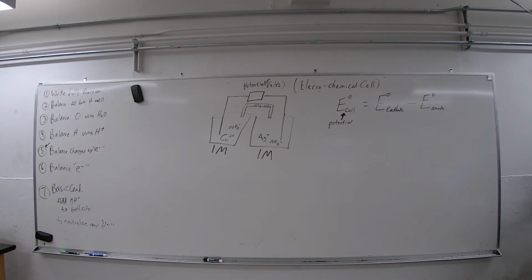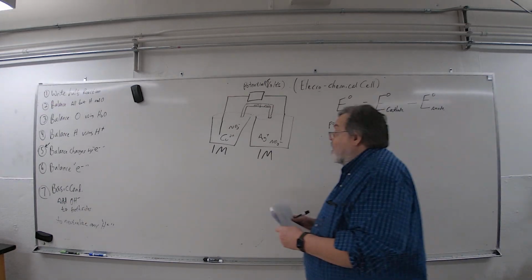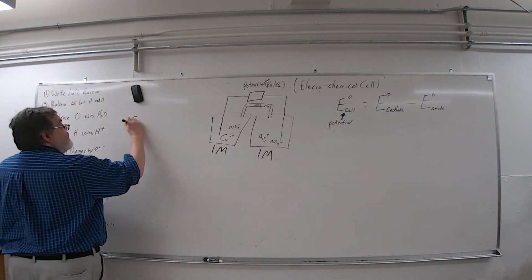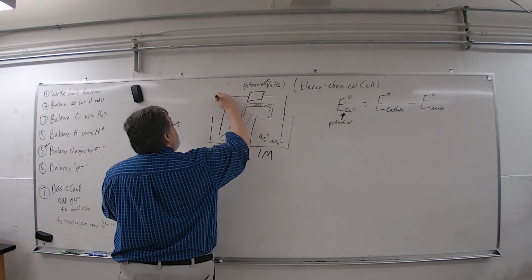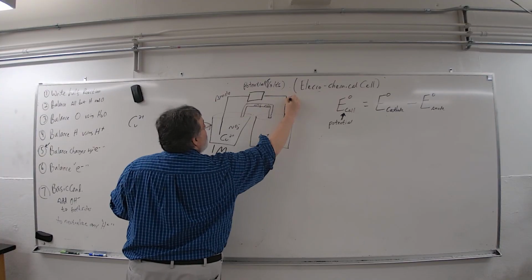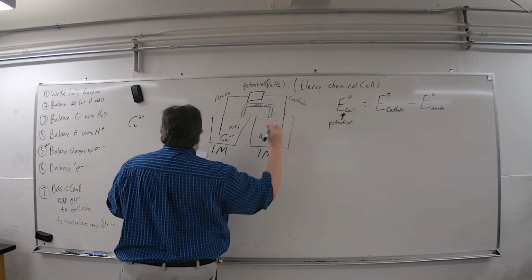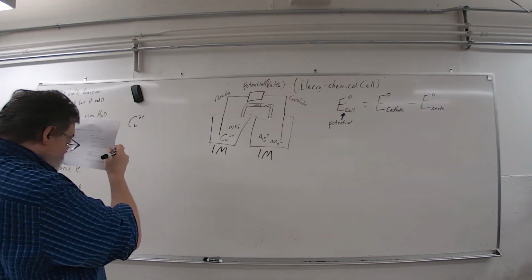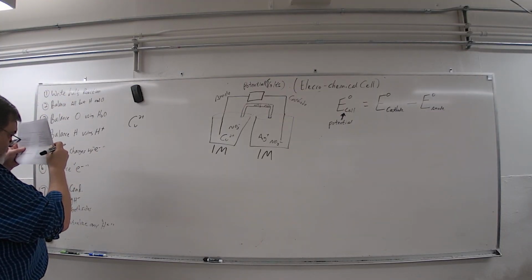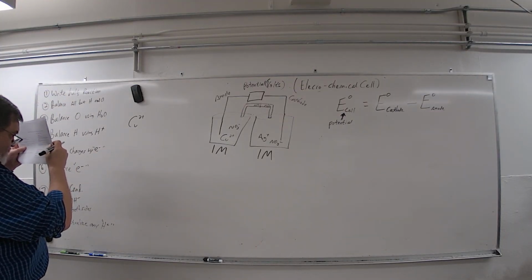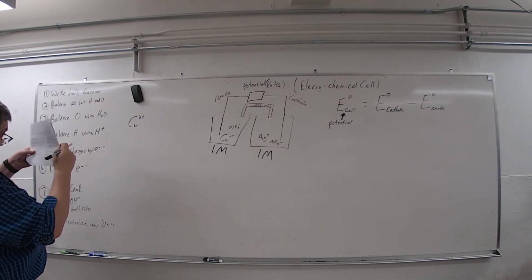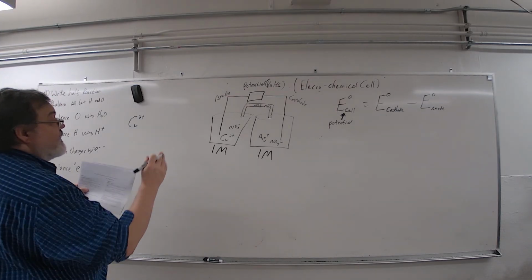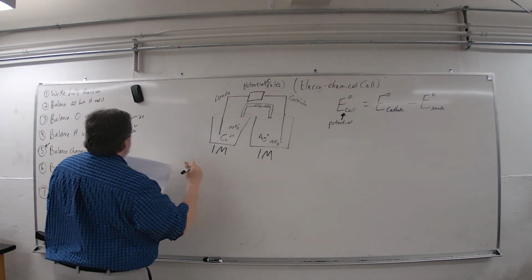So what I'm saying is you just look this up. Cu2 plus. Ag is the cathode. So the anode is on the left, the cathode is on the right.